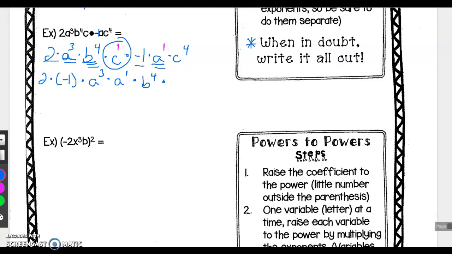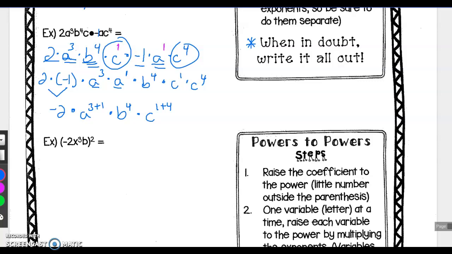And then we have our c's. C to the first and c to the fourth. Okay. Multiply. 2 times negative 1 is negative 2 times a, same base, multiplying, add it. 3 plus 1 times b to the fourth times c to the 1 plus 4.